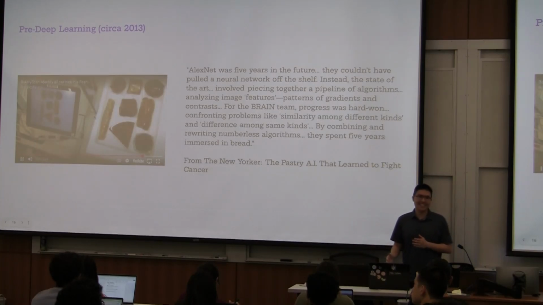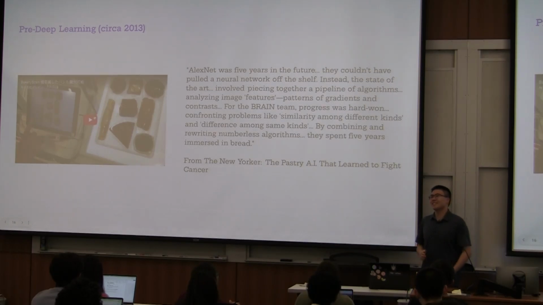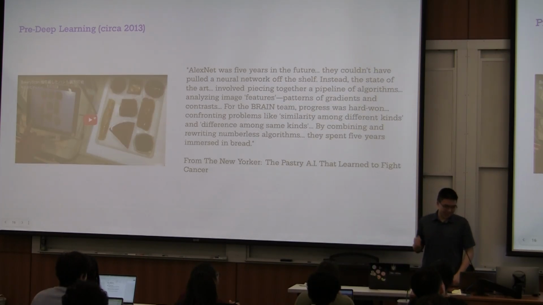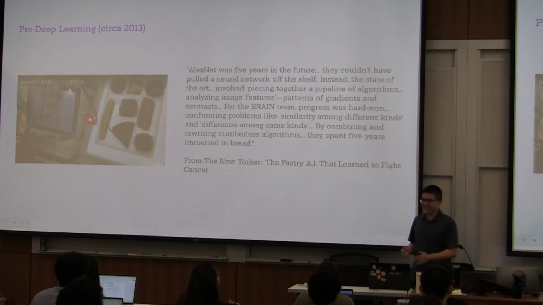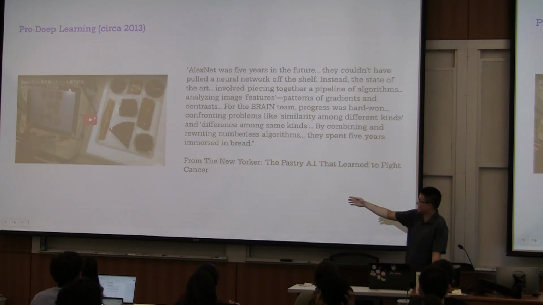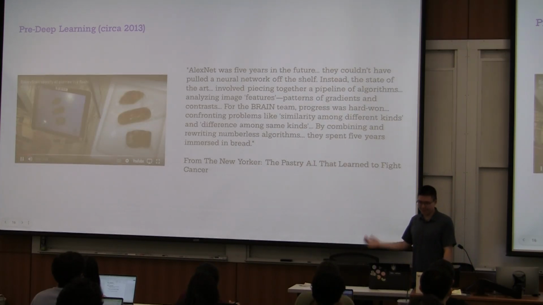You had to make an algorithm that separates different breads. There was one algorithm that looked at how baked the bread was, how brown it was. It had to determine what lighting it was under. It was a lot of things. And I like the last sentence: they spent 5 years just immersed in bread to make this thing that recognized different breads. So that was before deep learning.